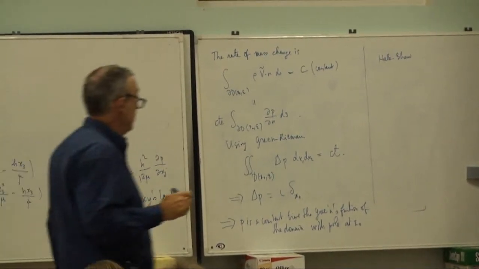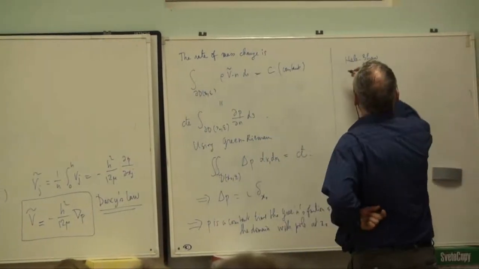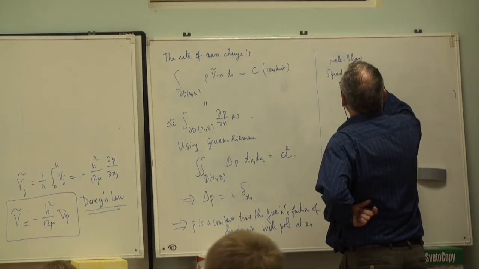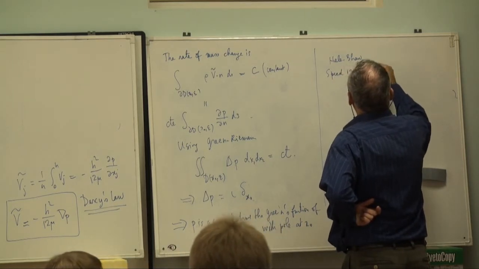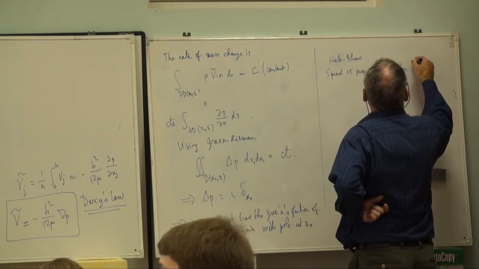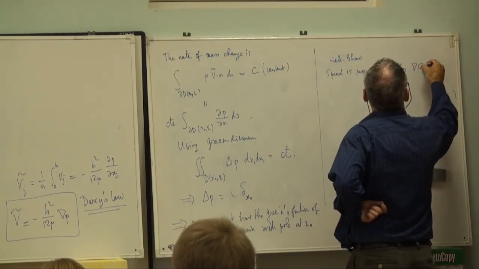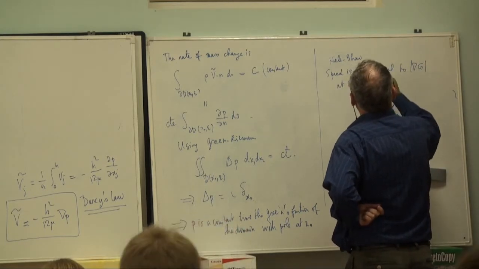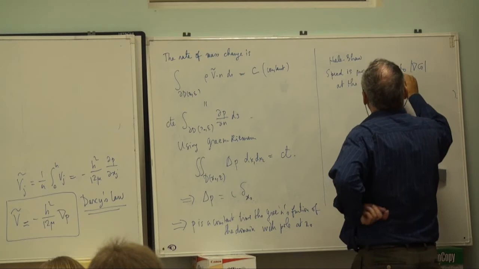So the speed is proportional to the gradient of g at the boundary.